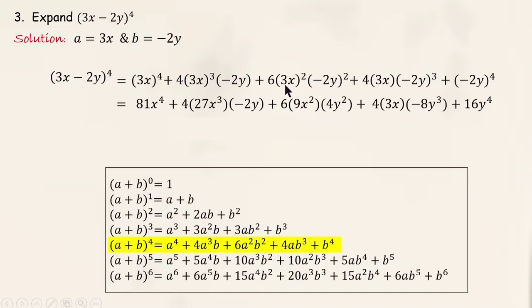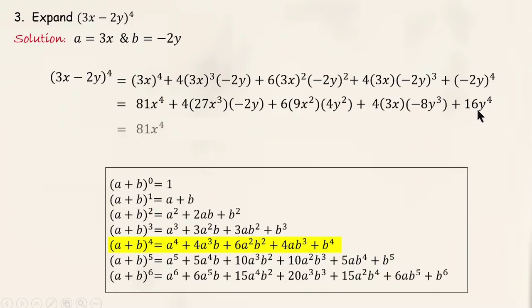The quantity 3x squared is 9x squared, while the quantity negative 2y squared is equal to positive 4y raised to 2, plus 4 times 3x times negative 8y raised to 3. The quantity negative 2y cubed is equal to negative 8y raised to 3, plus the quantity negative 2y raised to 4, which is equal to positive 16y raised to 4.